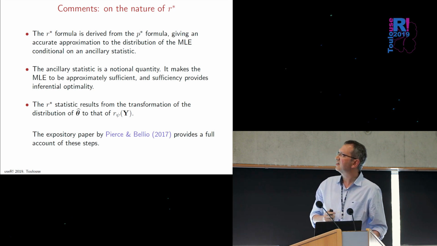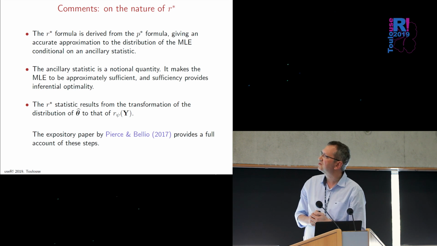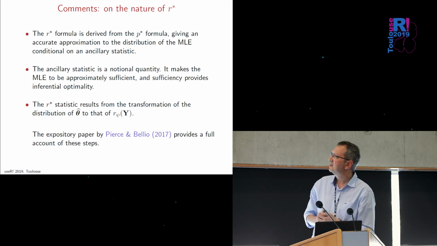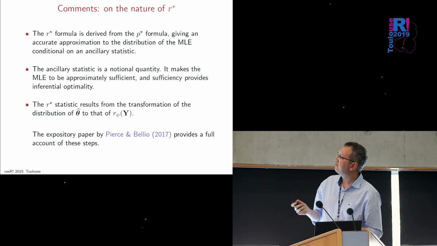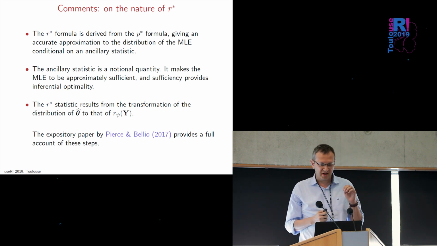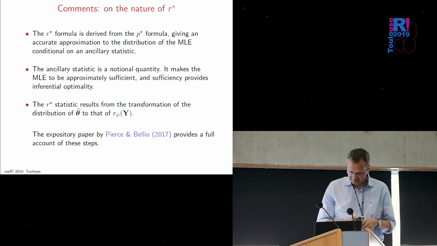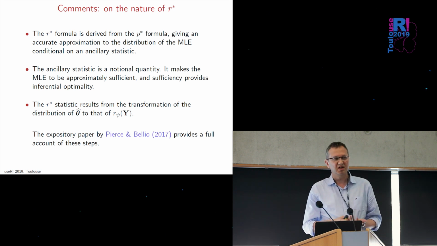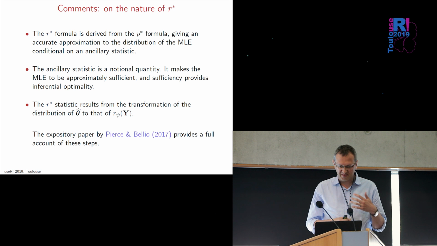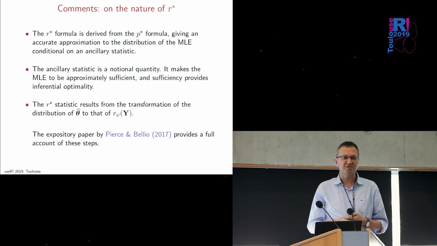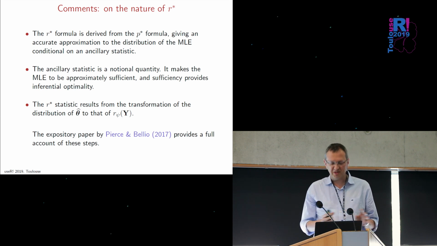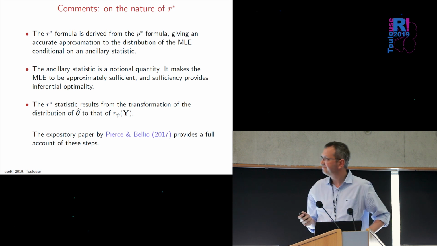And r star is a modified directed deviance that was introduced by Barndorff-Nielsen in a Biometrika paper. This provides very accurate confidence intervals and tests. The resulting accuracy is very close to the most accurate parametric bootstrap methods, but there's no need for any additional fitting.